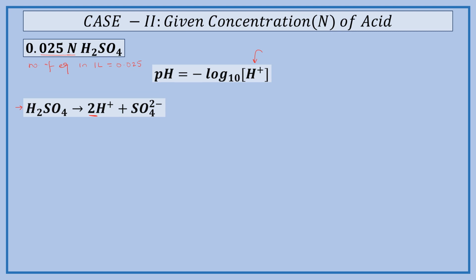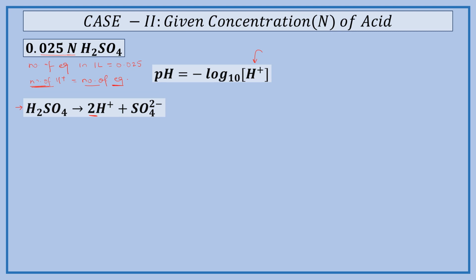And from the definition of equivalent weight, we can conclude that there will be as many H plus ions as is the equivalent of the acid. So number of H plus ions will be equal to the number of equivalents.